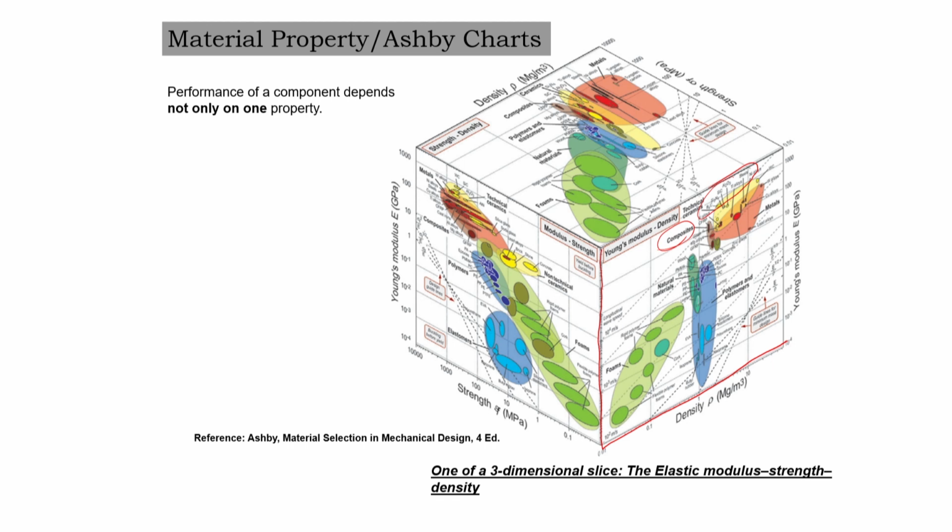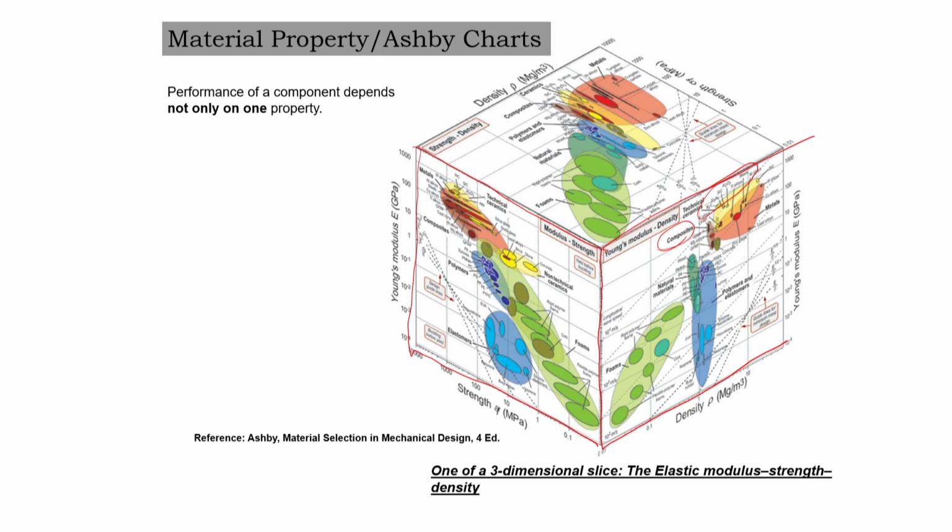So, similar to these E versus density, you can also have a strength versus density. Okay. If that becomes your important criteria, you can also have E versus strength, if that becomes your most important thing to decide the fate of the material.